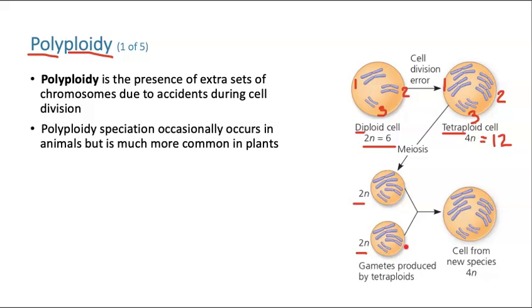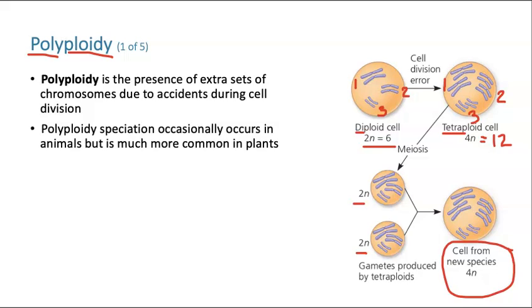Now remember, plants can make both pollen or sperm and eggs, ova, and so these two could potentially fuse with each other. And if it did that, you'd have a new baby, a new individual, and this new individual is a whole new species. It is a tetraploid species. And this is, again, very common in plants.